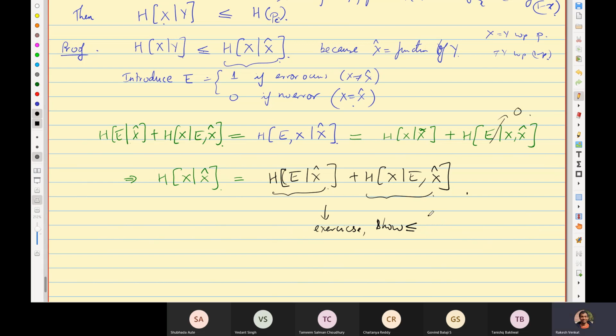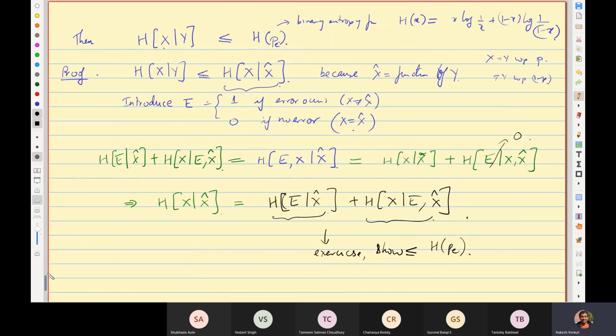So this is a binary random variable. This is quite a nice thing if you can generalize it to bigger domains.